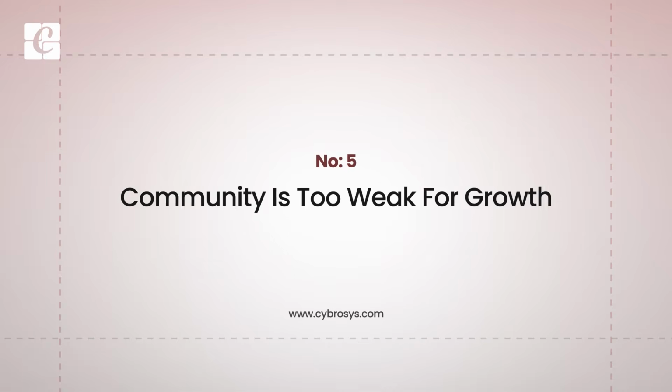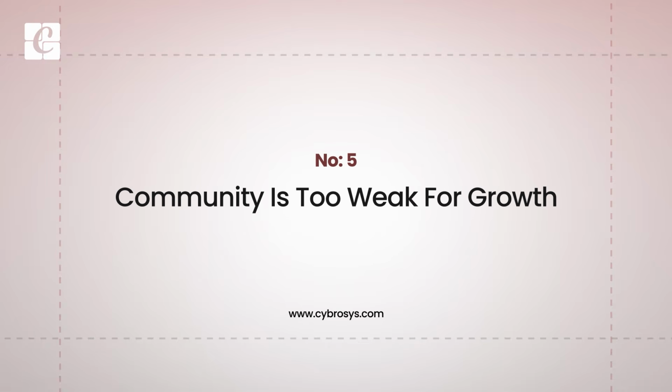Lie number 5. Community is too weak for growth. That's not the truth, guys, because a lot of people start with community. If I am starting a business and I'm switching to community, as my business grows, only then I'll think of switching the software, that is the ERP. I'll start with community obviously and we grow together.